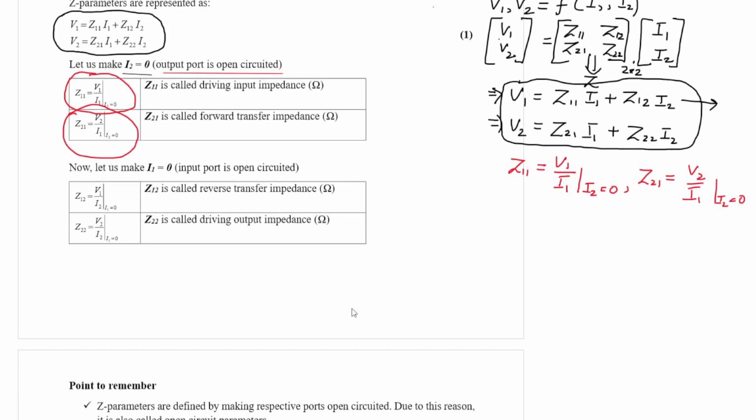Now if we do the reverse thing, that means we make I1 equal to 0, we need to open the input port.